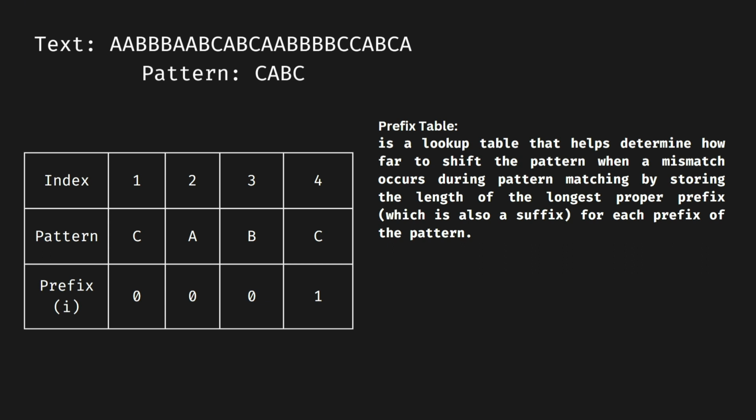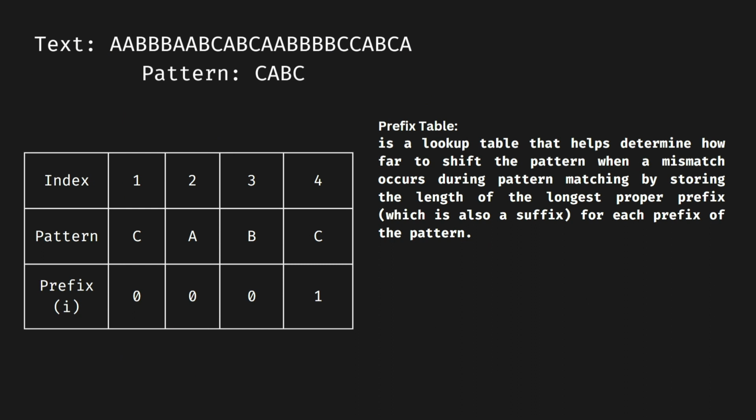Next is index 2, which is equivalent to A. Once again, there are no proper prefixes for this single character prefix, so the prefix length is going to be 0. And for index 3, which is B, there isn't a proper prefix here as well, and the prefix length once again is going to be 0.